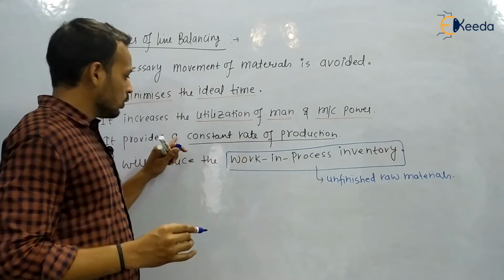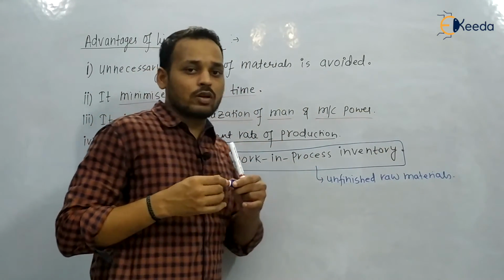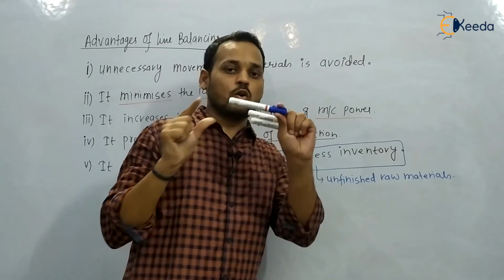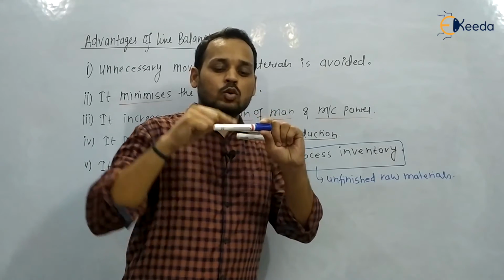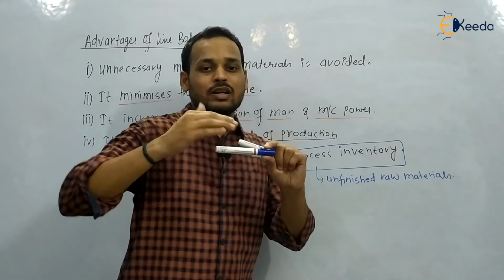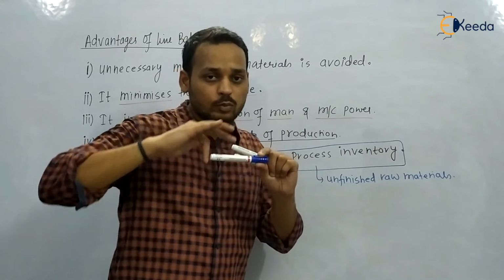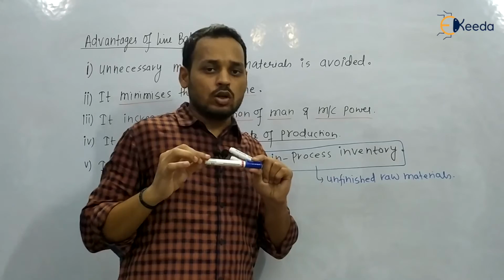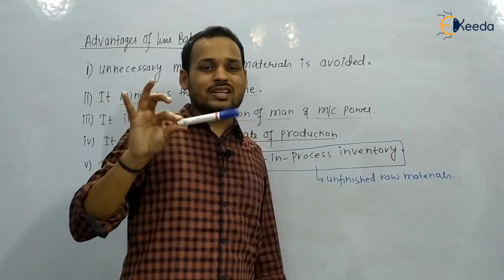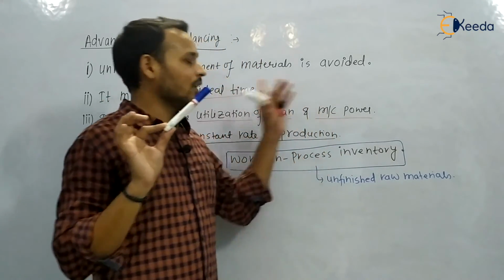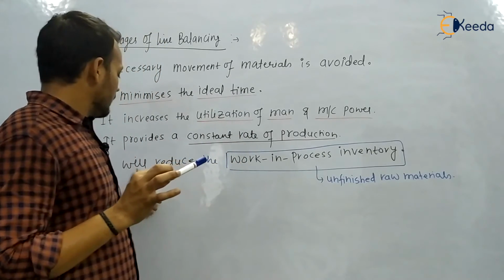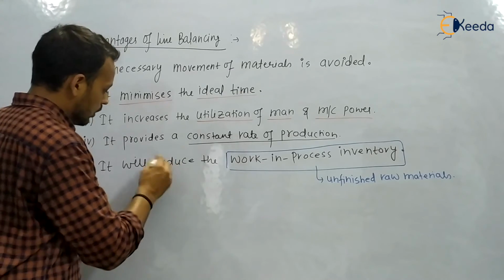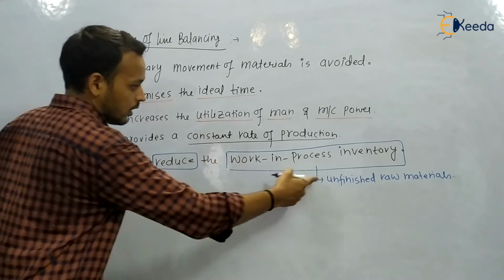Since you are going to get a constant rate of production, suppose this was the raw material, the raw stock. You thought that I have to turn it, but at the end of the day, you are not getting the time for the turning operation, so you are just leaving it for the next day. You cannot do this in line balancing. It is going to reduce the unfinished raw material.